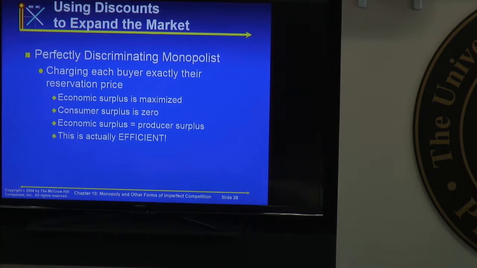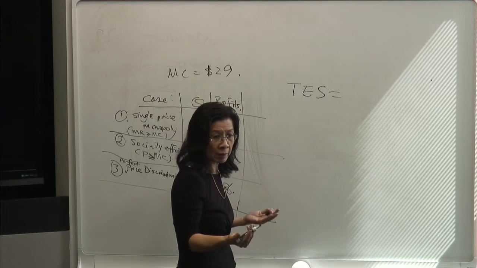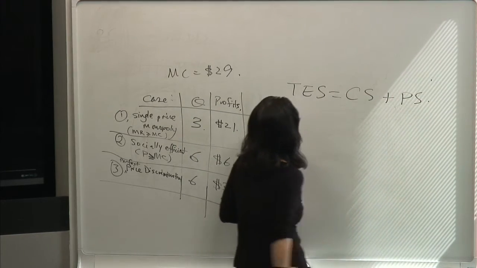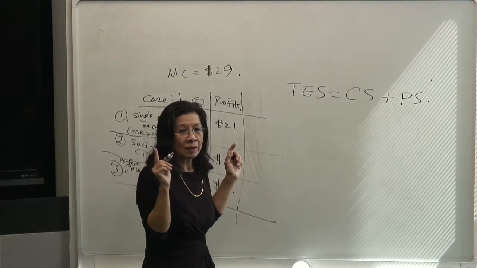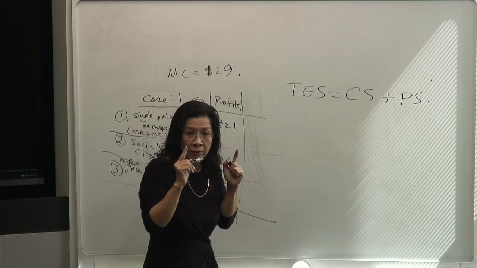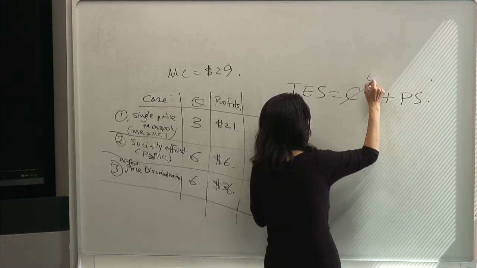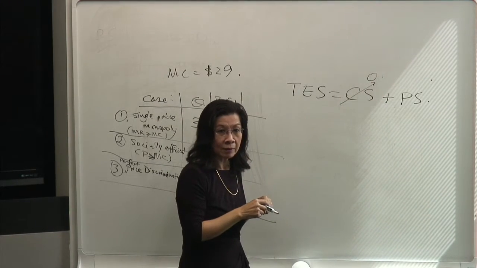Okay, I'm going to write this down and I hope you do write it down. Remember your TES? Total economic surplus consists of, tell me, 2 things. Consumer surplus plus the producer surplus. Very good. Now, if you're able to extract out every single bit of the consumer surplus, then this becomes 0. Right?